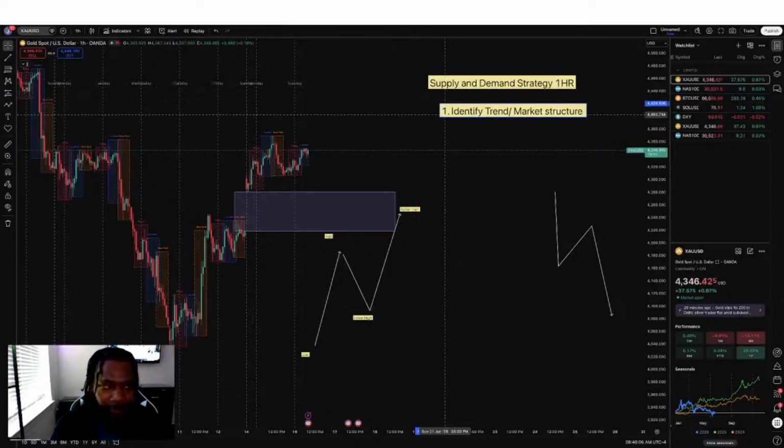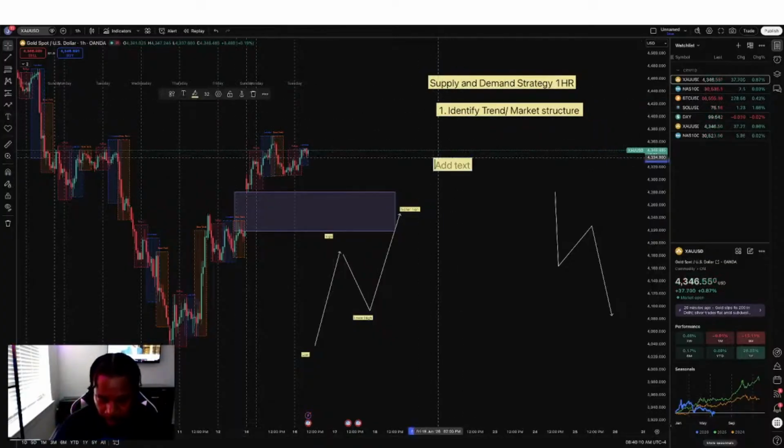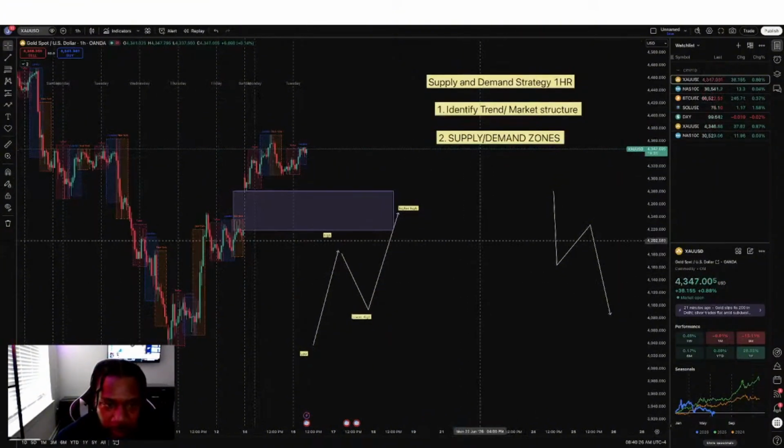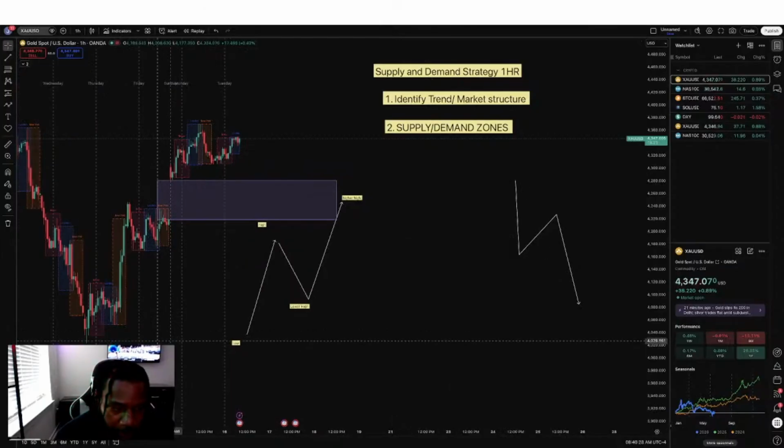Next thing, supply and demand zone. Supply/demand zone. So we want to mark them up. So what is a supply/demand zone?